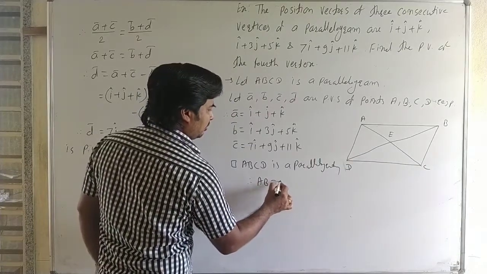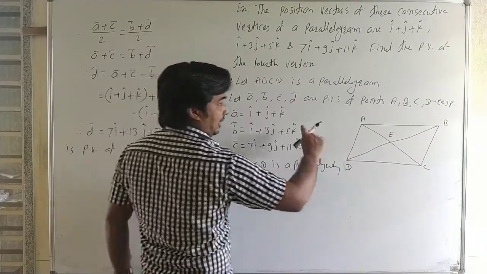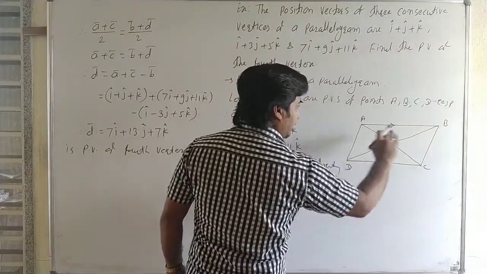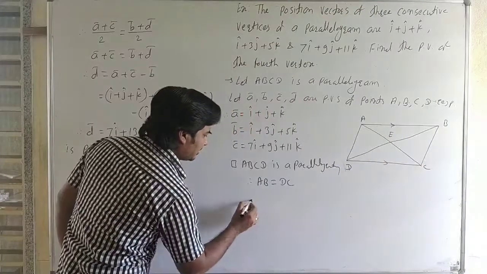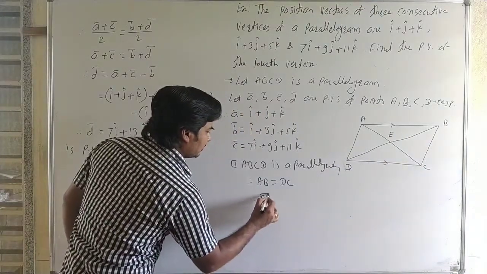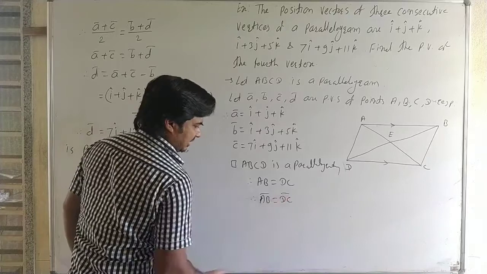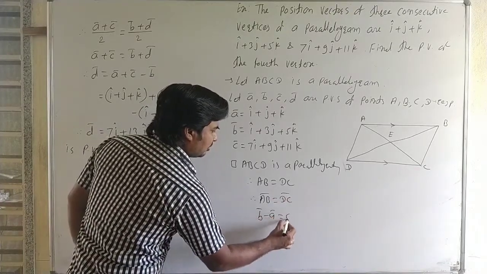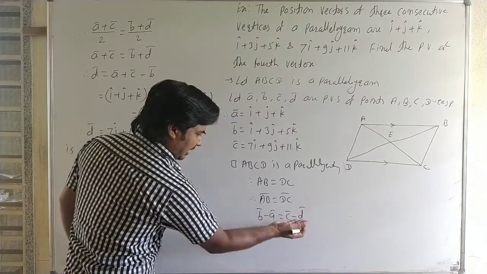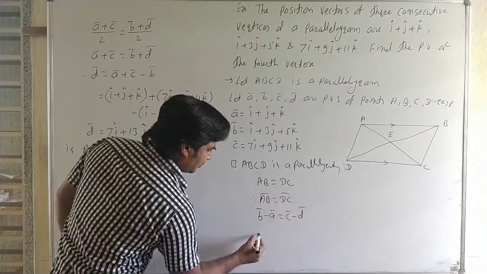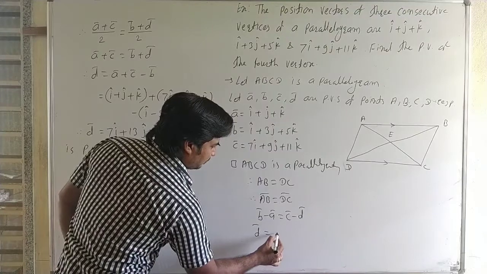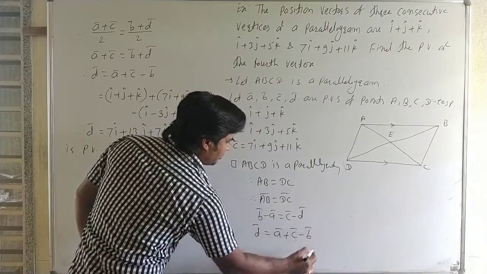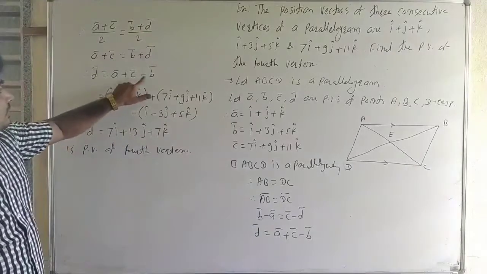Therefore AB is equal to DC, the magnitude is the same, and AB and DC are in the same direction. So we can write B bar minus A bar is equal to C bar minus D bar, and therefore D bar is equal to A bar plus C bar minus B bar.